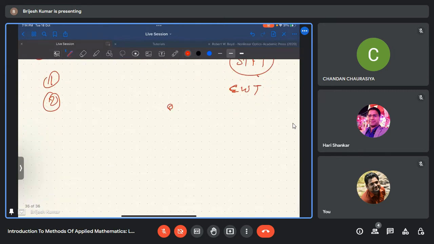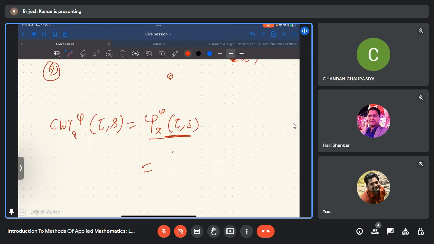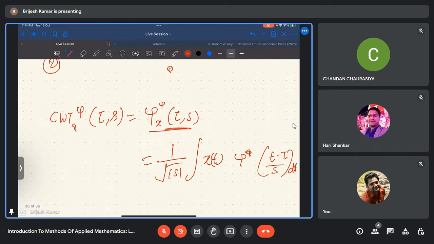So this continuous wavelet transform is defined as CWT psi of tau comma s is equal to psi x of tau comma s. It is 1 upon root s integration of x(t) psi star of (t minus tau) upon s dt.